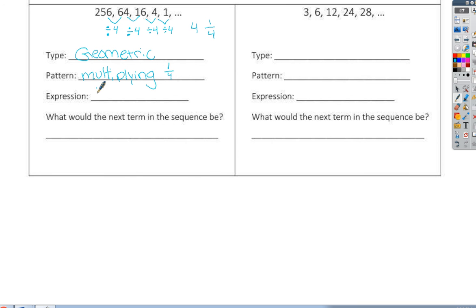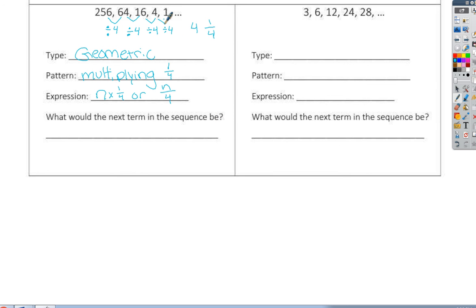So our expression could be n times 1 over 4, or it could be n over 4, because n times 1 would just be n, and then we can divide. So what would the next term in the sequence be?